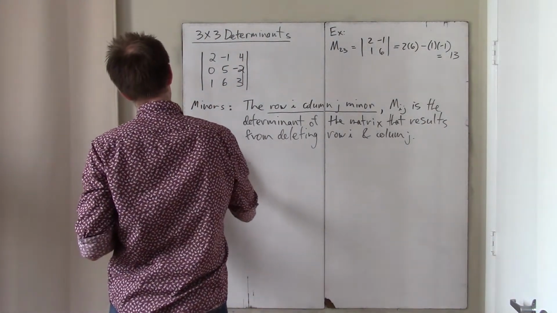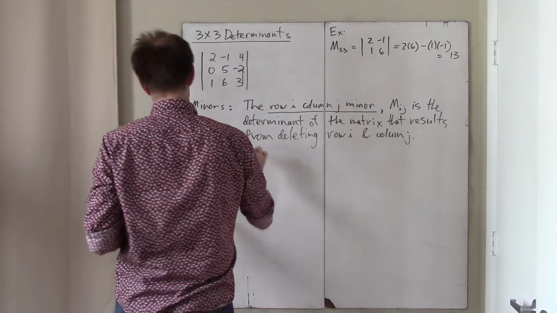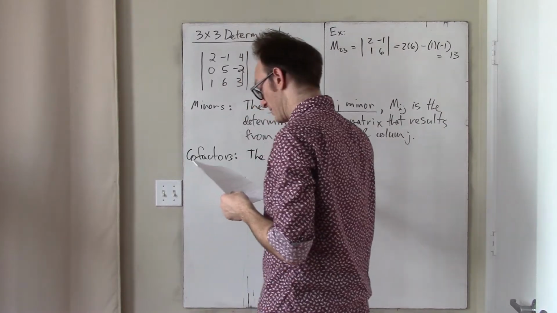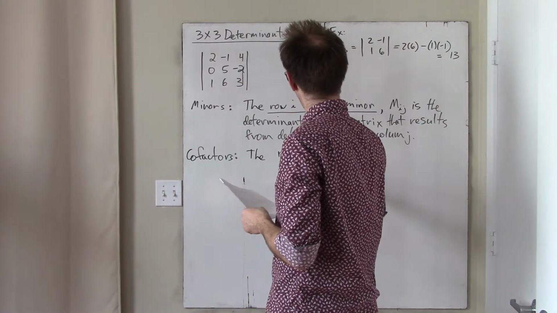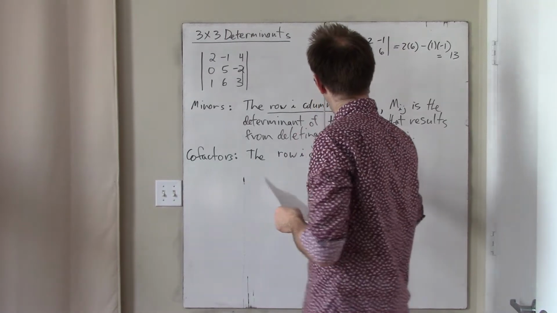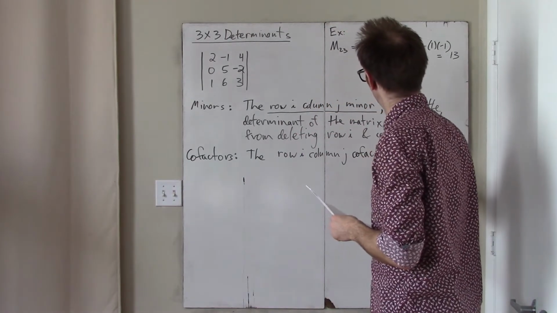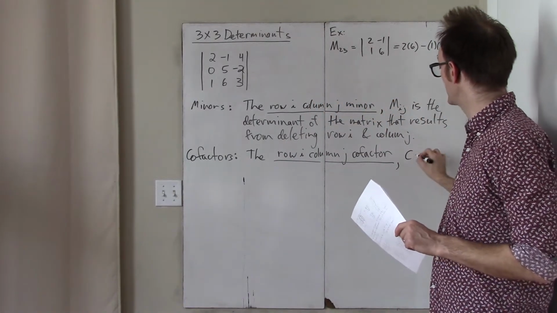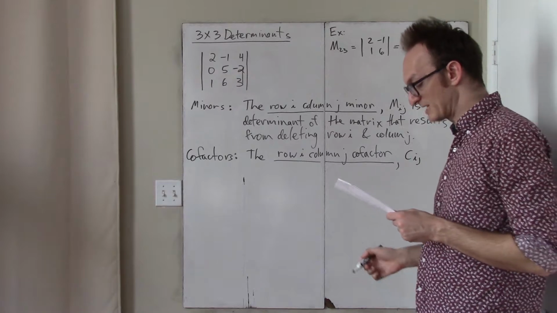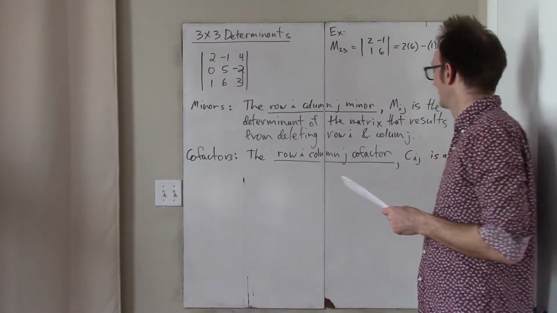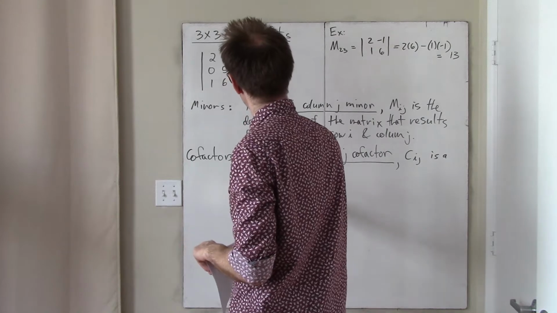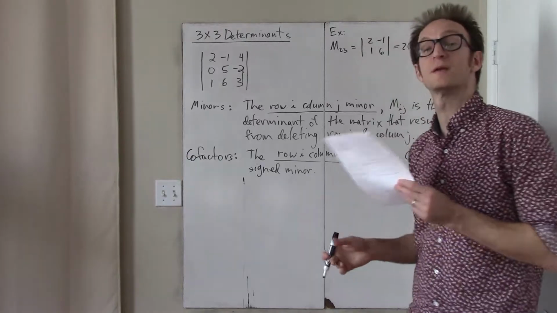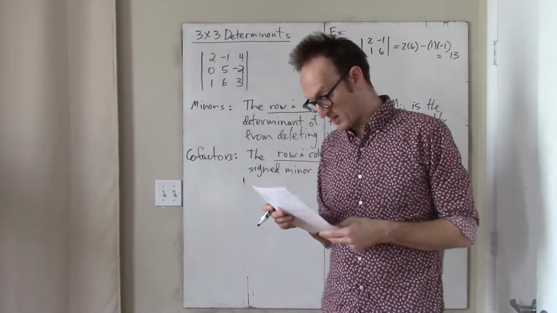All right, and now I'm going to introduce another thing called a cofactor. What's a cofactor? Well, the row i, column j cofactor, which is what I'm defining right now, which I will abbreviate Cij, is a signed minor, which is just another way of saying it's a minor, but with a -1 in front of it sometimes.